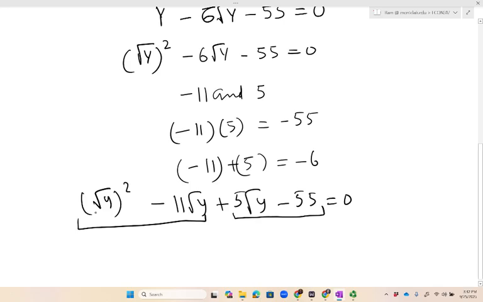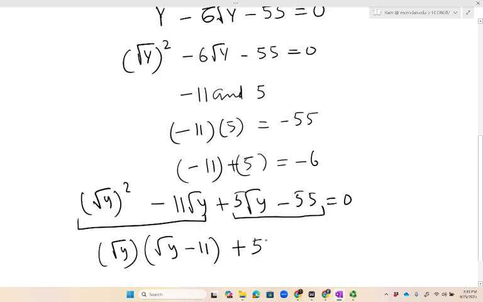Between the first two terms, square root of y is common. It is raised to the power 2 in one and is there by itself in the other. If I factor out square root of y, what remains is square root of y from the first term and 11 from the second. Then in the remaining two terms, 5 is a common factor in both.